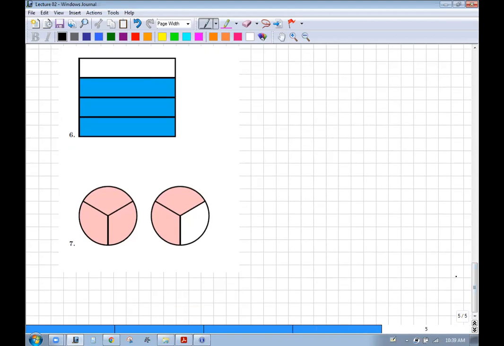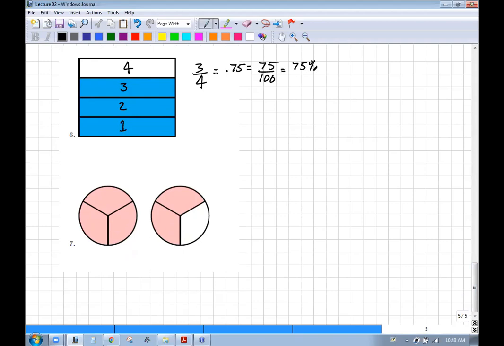All right, so number 6. So we got 1, 2, 3, 4. So we have 3 out of 4. All right, if we wanted to convert this, it's the same. 3 out of 4 as a decimal is 0.75 or 75 out of 100, right? Which would be 75%.